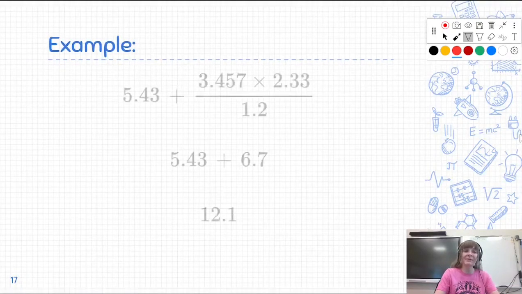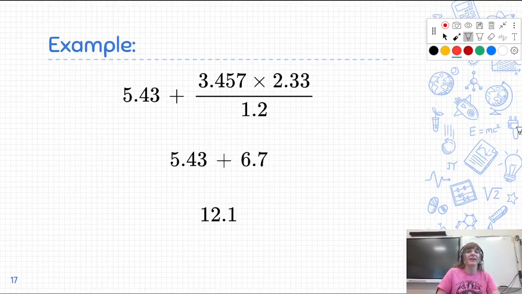So an example, here we have 5.43 plus 3.457 times 2.33 divided by 1.2. So here we need to remember our order of operations. So let's just write our BEDMAS up here, right? So we have brackets, exponents, division, multiplication, addition, subtraction.